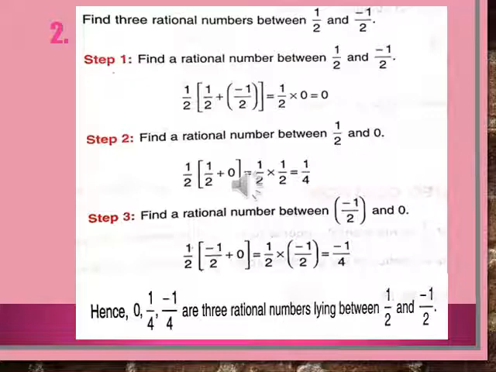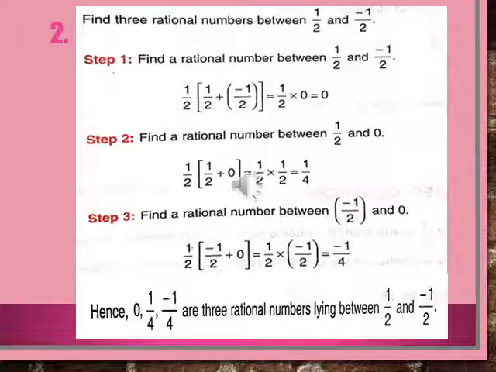Dividing by 2 means multiplying by 1/2. So add 1/2 plus -1/2, and as these are two opposite numbers, the answer is 0. So 1/2 into 0 means 0, and therefore one number that lies between these two numbers is 0. This is the first number.